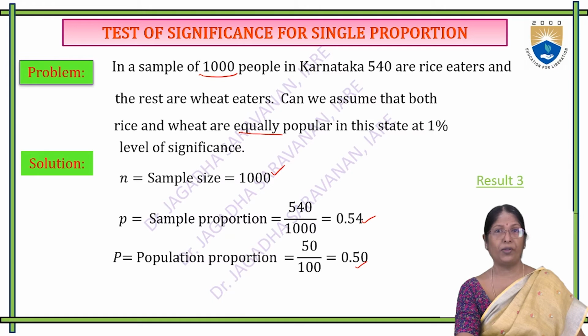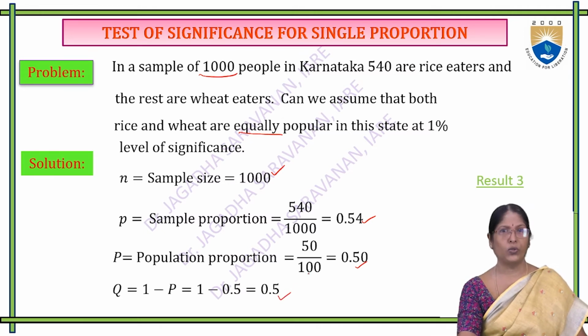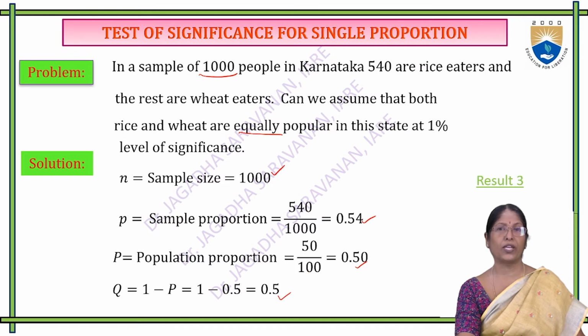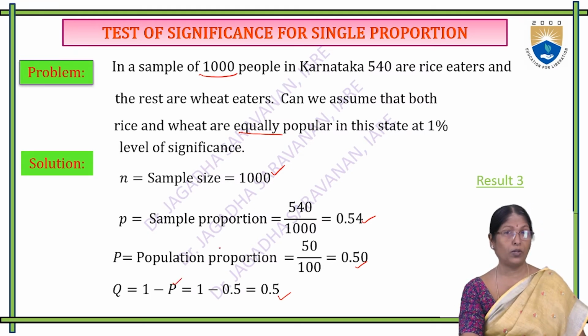Now we have to define our null hypothesis keeping the population proportion in mind. And Q also, in advance we are finding to substitute in the test statistic. So Q is 1 minus capital P, where capital P denotes the population proportion. So 1 minus 0.5 equals 0.5.